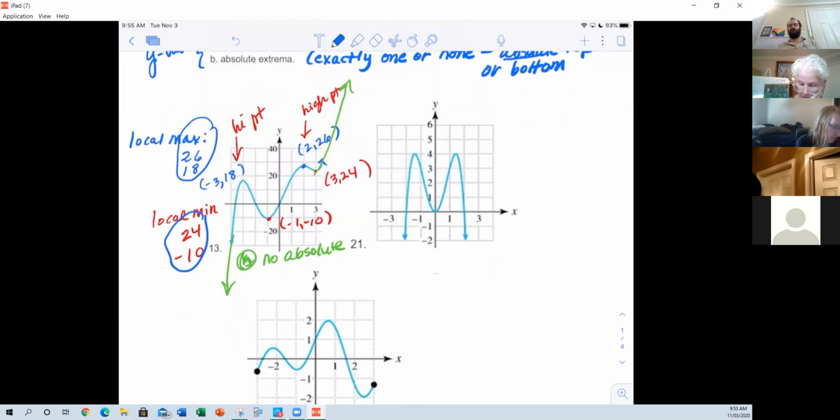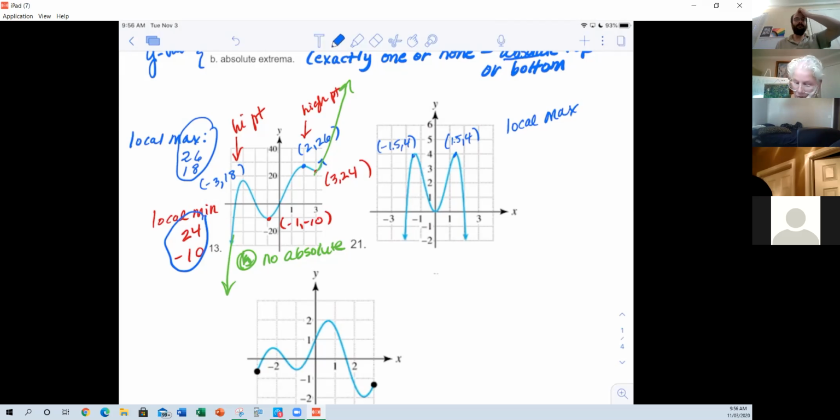So local max is going to be, well, there's two of them that look like they're even. So I guess we can put both, which I'm estimating the first one would be at negative 1.5, positive 4. And then the other one would be 1.5, positive 4.